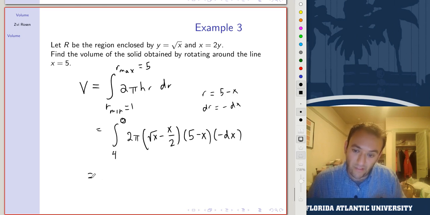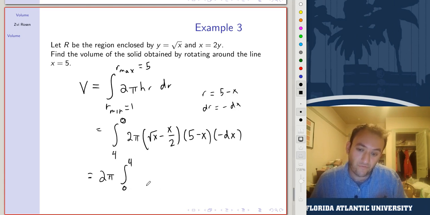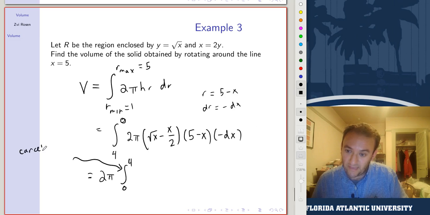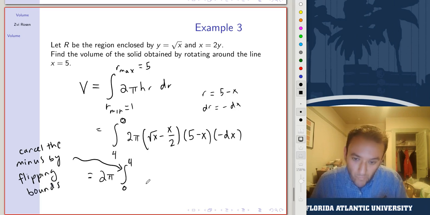Okay, I'm going to pull out the minus 2 pi, but I'm going to get rid of the minus sign by just flipping the bounds of the integral. So now it's from 0 to 4. And I'll make a note: cancel the minus sign by flipping the bounds. Okay, so now we can do a little more here.